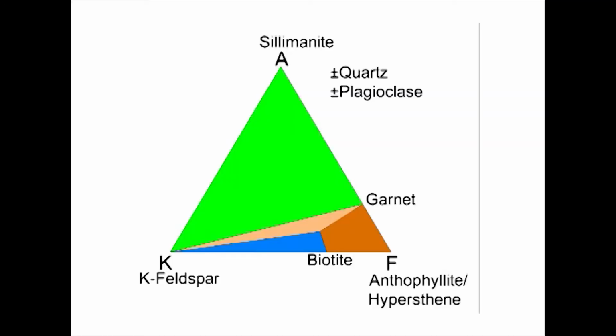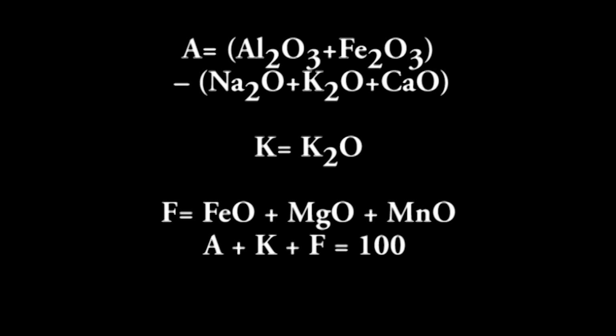The AKF diagram also represents molecular percentage, as in the ACF diagram. The diagram is commonly used to represent the mineral assemblages of pelitic and quartzo-feldspathic rocks. The calculation scheme is as follows: A equals Al2O3 plus Fe2O3 minus (Na2O plus K2O plus CaO), K equals K2O, F equals FeO plus MgO plus MnO, and therefore A plus K plus F equals 100% in molecular percentage.